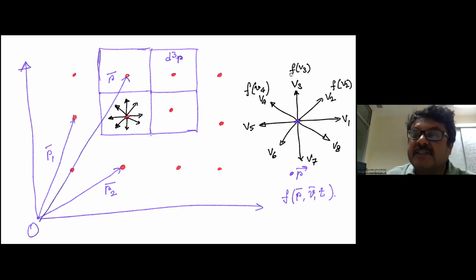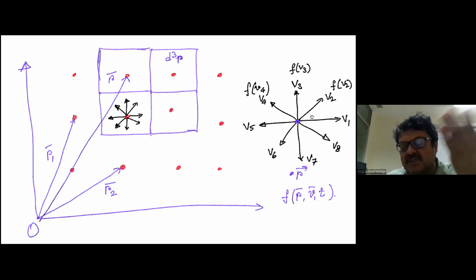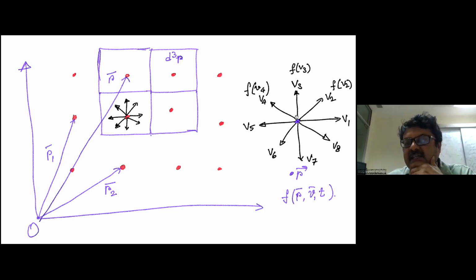So f3 would decrease, and due to collisions, they are incident on the particles which have velocity v6, and after scattering some of them go into v1, and some of them, just as an example, of course conserving momentum and energy, go into v8. So that's also possible, right?